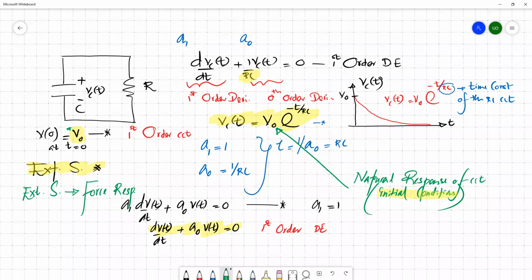So if you have a circuit with external sources, the impact coming from these external sources is defined as the forced response of the circuit. If you have initial conditions, it means whatever capacitor or inductor you consider here has a non-zero voltage or current.